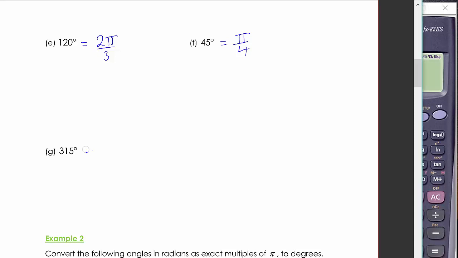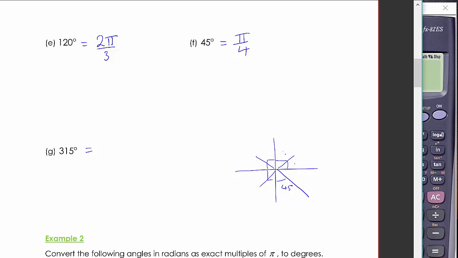And 315 degrees, so we might need to think about that one. So where is 315 degrees? If we work our way around, it's down here. So this is 45 degrees. So what do we have? We've got a 90, a 90, a 90, and then a 45. Well, each of those 90s is 2 lots of 45.